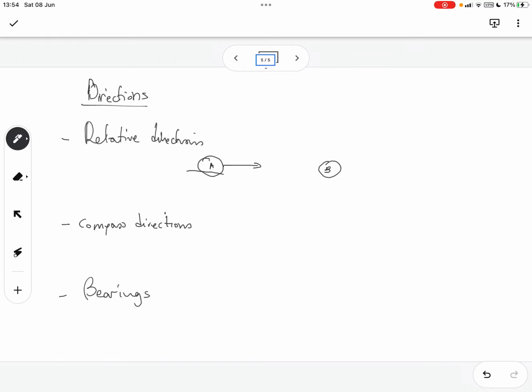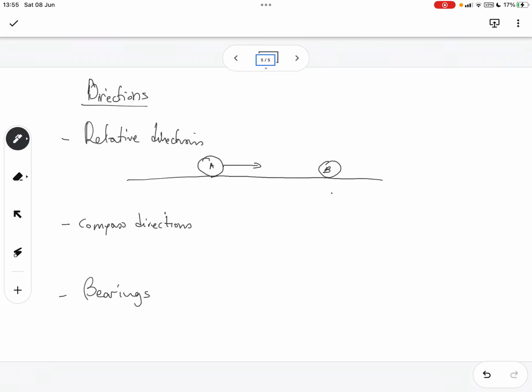So in that scenario, if we have two objects, one object A, one object B, and object A is moving in the direction of object B, then what that tells us is that A is moving in the direction towards B. So this is relative direction. So relative to B.